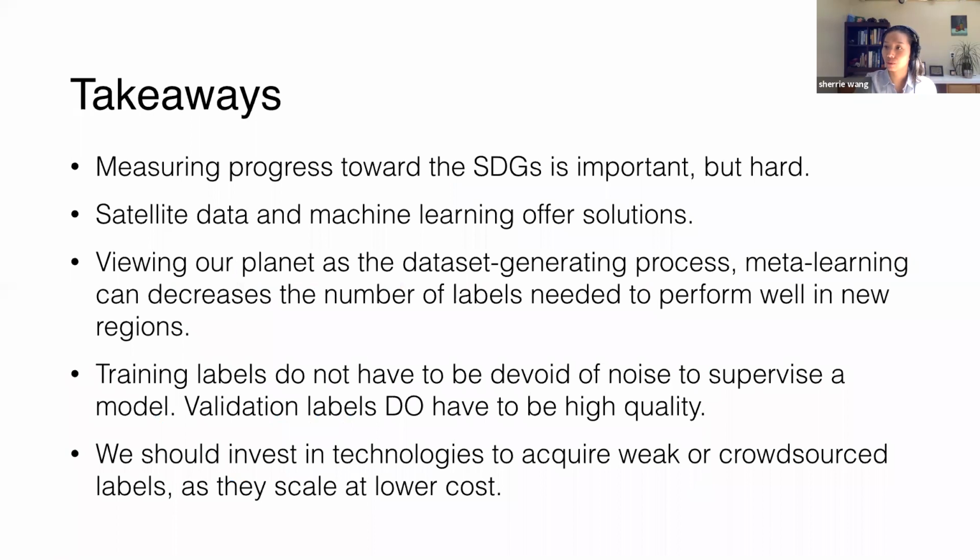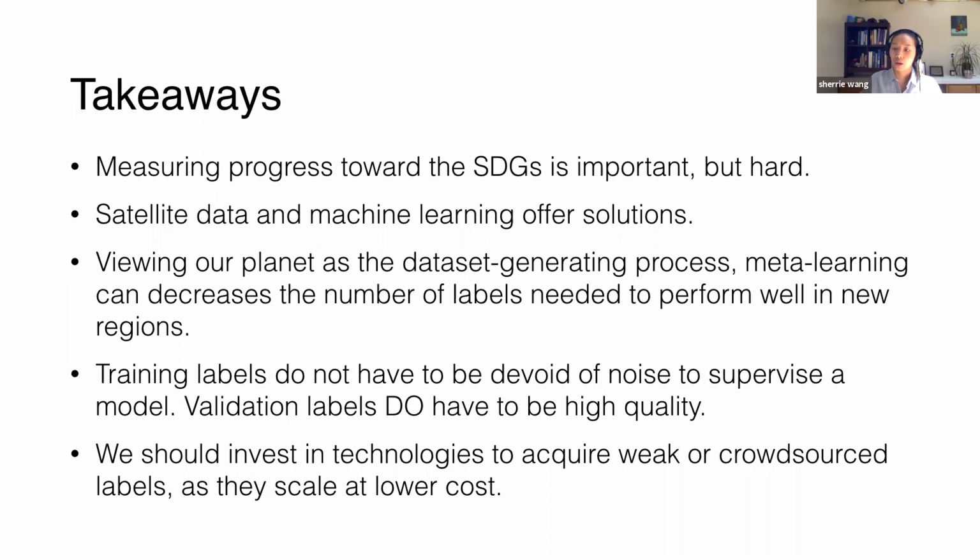Okay, so the takeaways from the entire body of work that I just outlined include that if we view our planet as a data set generating process, we can use meta learning to decrease the number of labels that we need to perform well in new regions. As I just mentioned, when looking for new sources of training data, we don't need those sources to be devoid of noise in order to supervise a model to high performance, but we do need some high quality validation data in order to understand how well we're doing.